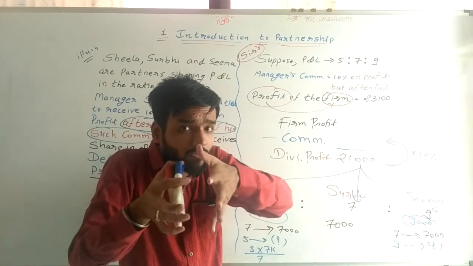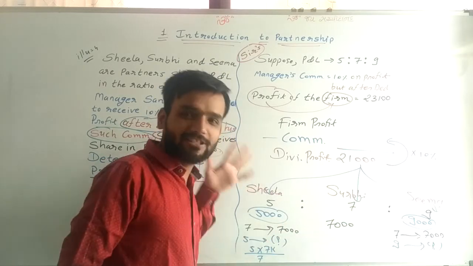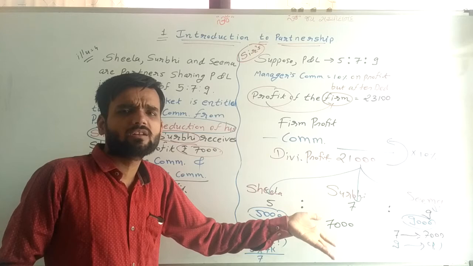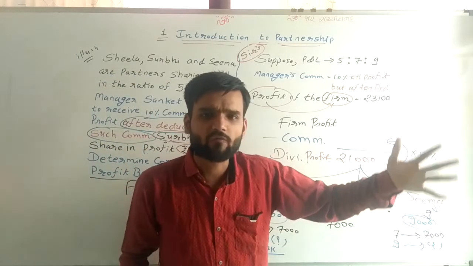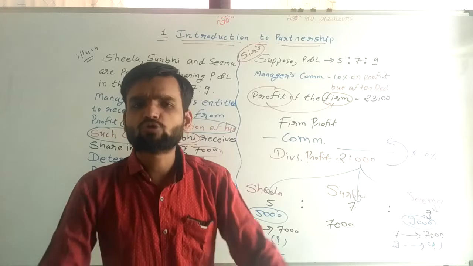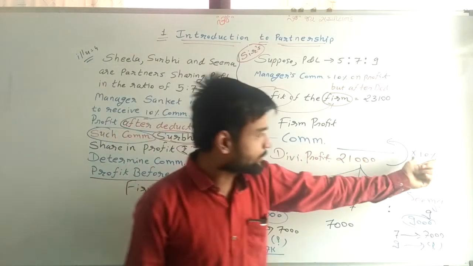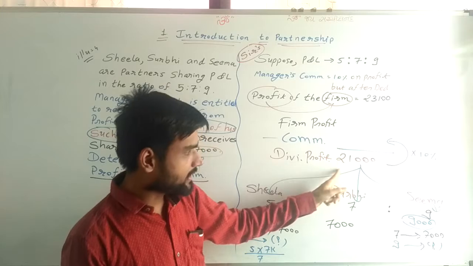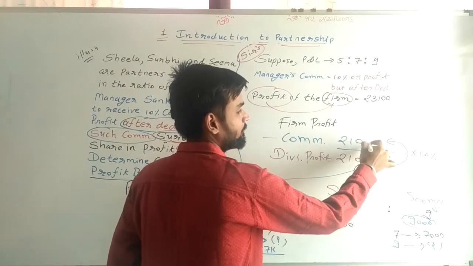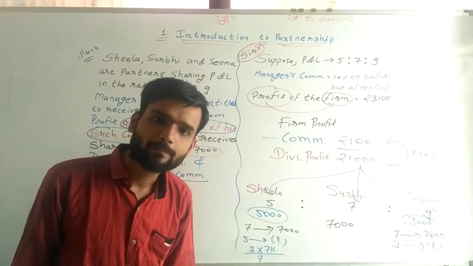Because whatever profit is distributed among the partners is called divisible profit, and the total of the partners' profit is divisible profit. Now the sum becomes very easy. 10% of divisible profit, 21,000 into 10%, is my answer for commission. So commission is 2,100 rupees.